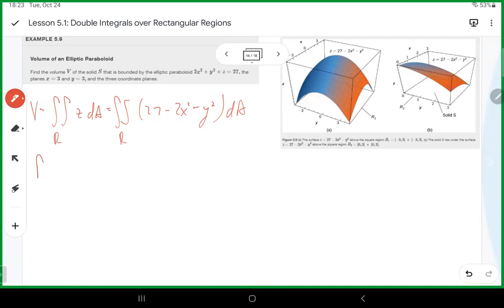And that's going to be 0 to 3 and 0 to 3, of 27 minus 2x squared minus y squared dx dy.